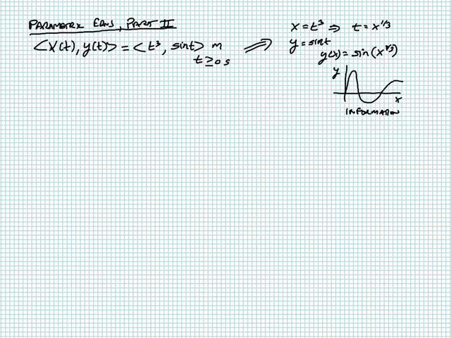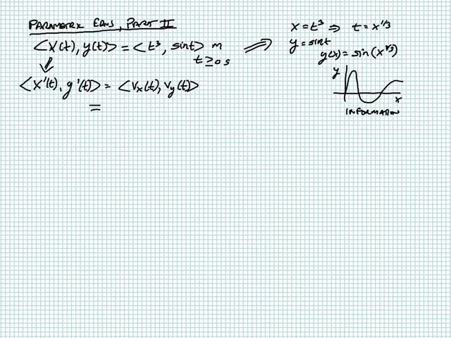So what we're going to do is come back over here, and one of the things I'm going to show you first of all is that with parametric equations, let's say I want to find the velocity components. The velocity components are just x prime of t, comma y prime of t, which is equal to the velocity in the x direction as a function of time, comma, the velocity in the y direction as a function of time.